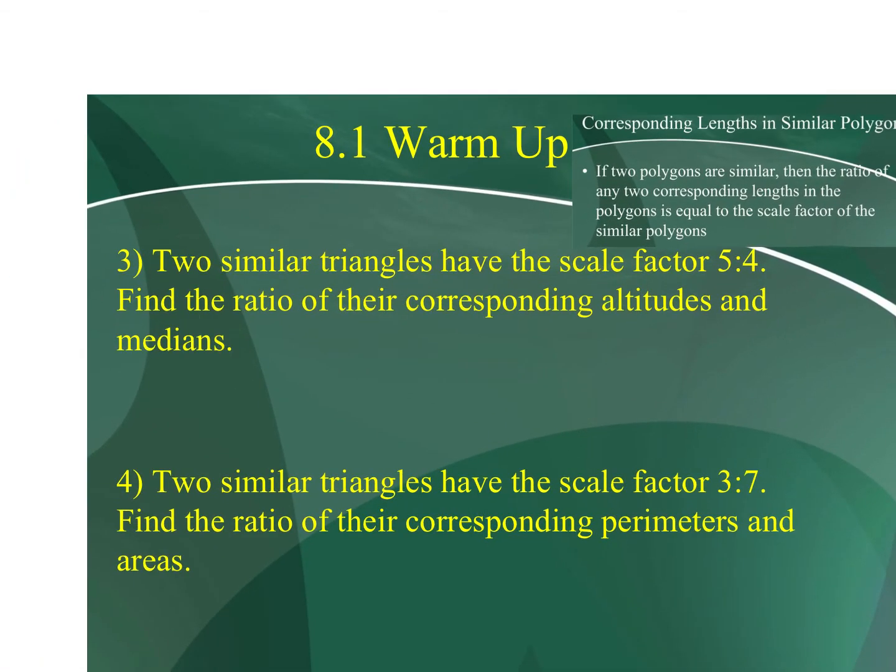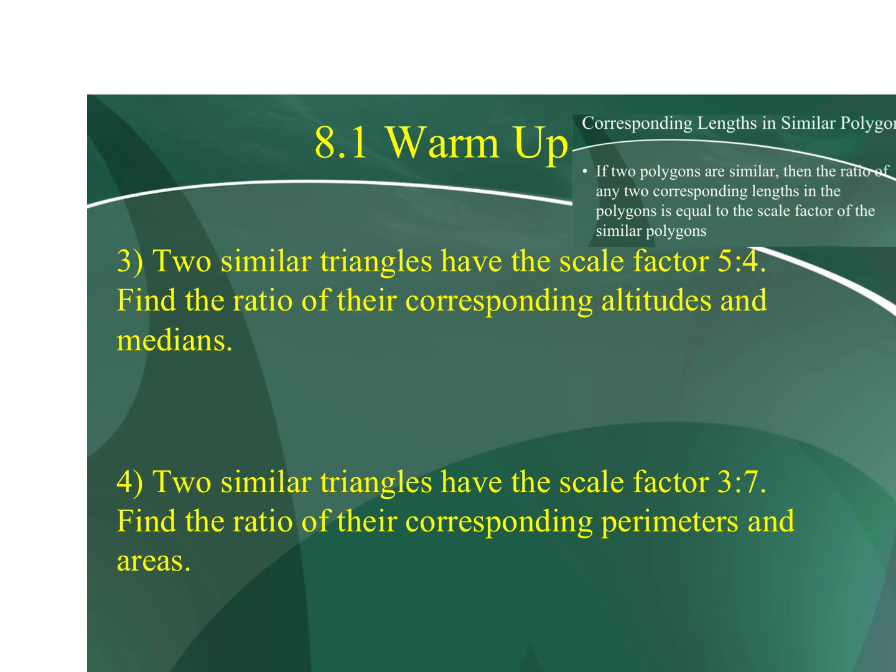Okay, let's answer the questions. So 2 similar triangles, they're telling us the scale factor is 5 to 4. So by using that definition here, it doesn't matter if it's a side length or an altitude or a median, it's going to have the same ratio as the scale factor.